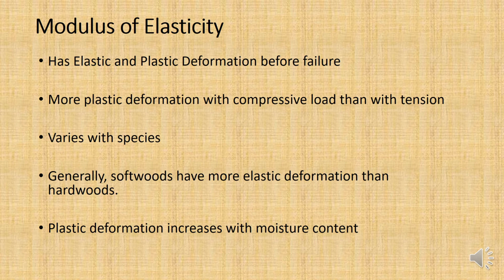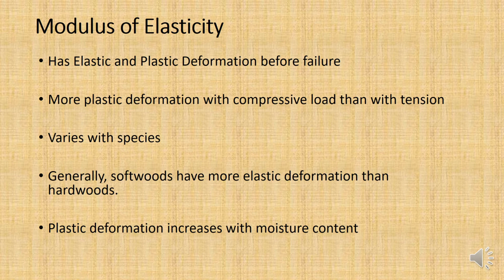Elastic deformation is basically how much the wood stretches or is compressed, depending on whether it's a compressive or tension load, and then when you take the load off, it bounces back to its original shape. You're trying to work out how much elasticity there is, just like an elastic band.